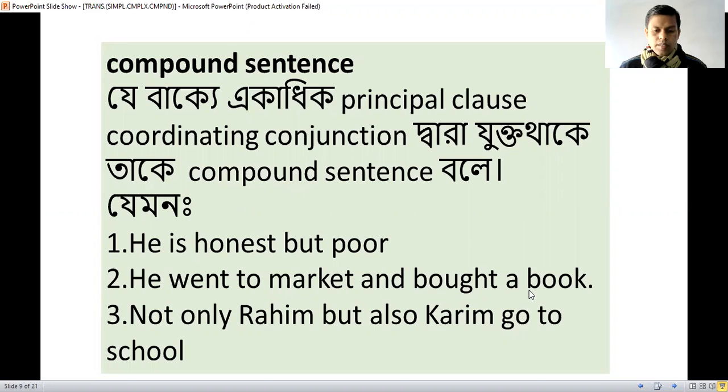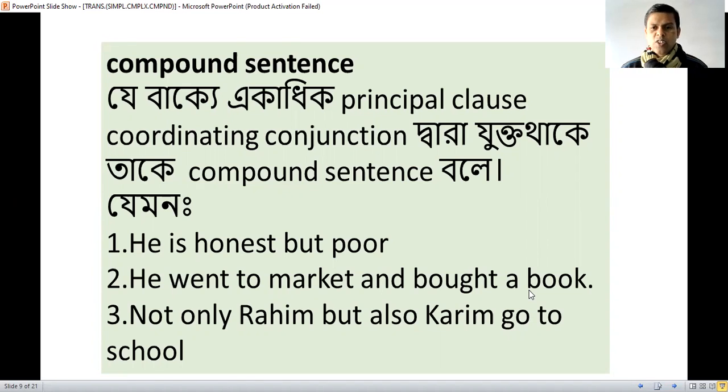As the subject is similar and the verb is similar, in that case we can use the subject or verb only one time. Then go to example number 3. Not only Rahim but also Karim goes to school.